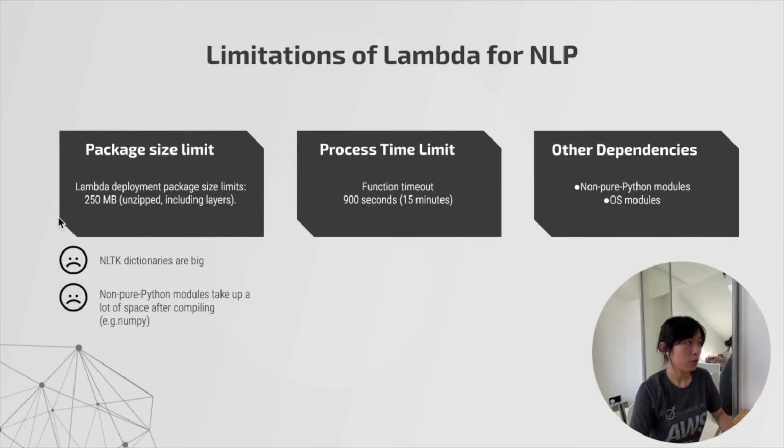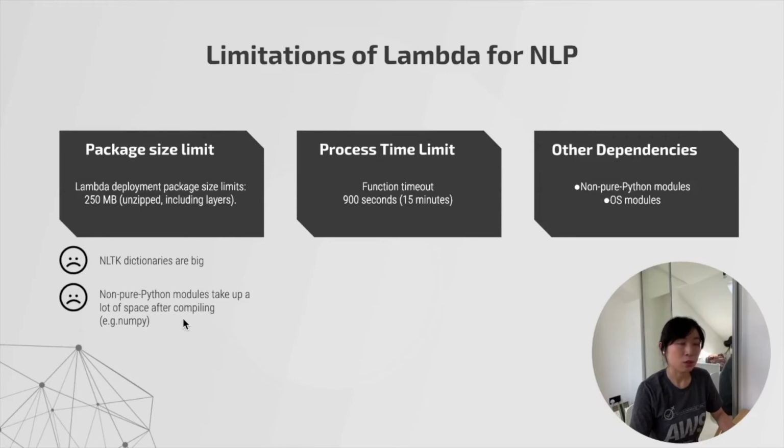First of all, for Lambda functions, there is a deployment package size limit, which is 250 megabytes, including all the layers. Once I thought I would never go over this limit, but it's not the case for NLTK. Because when you use NLTK, the chance is you also need to use some of the libraries, and those libraries are relatively big. Also, when you do some sort of data analysis, you may come across non-pure Python modules, such as NumPy.